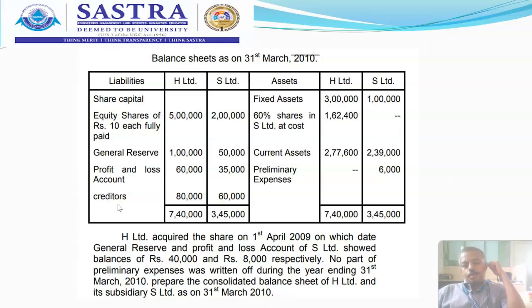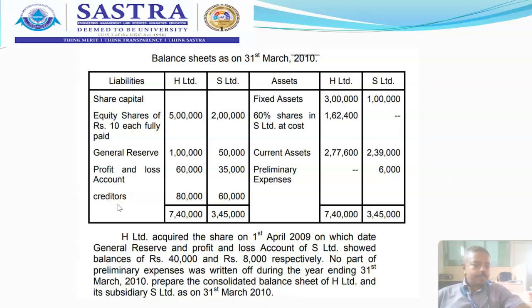So now what we need to do is open a ledger account, that means the profit and loss account. Write the opening and closing balances in this profit and loss account ledger. You all know how to prepare that ledger.